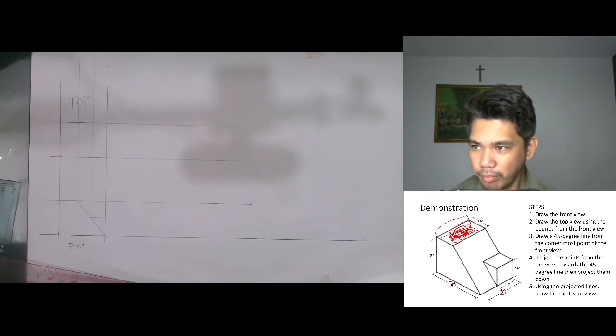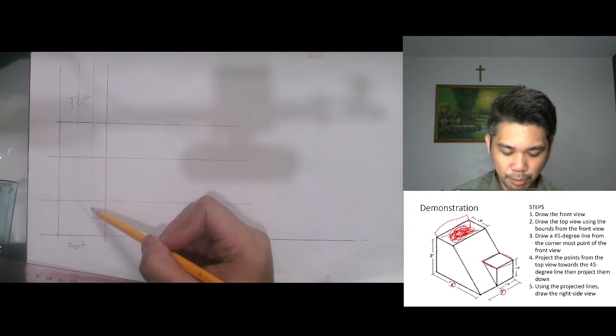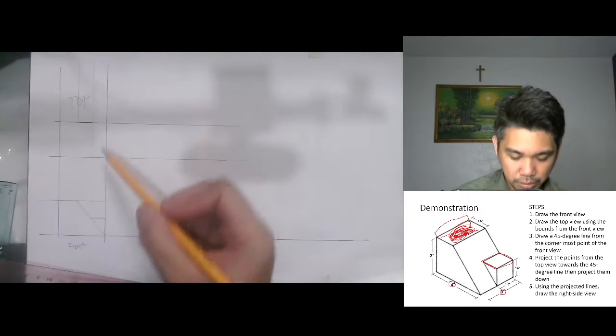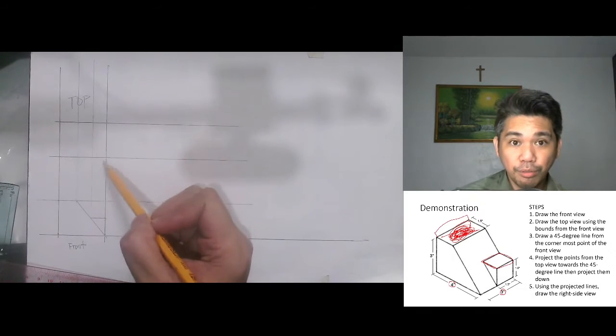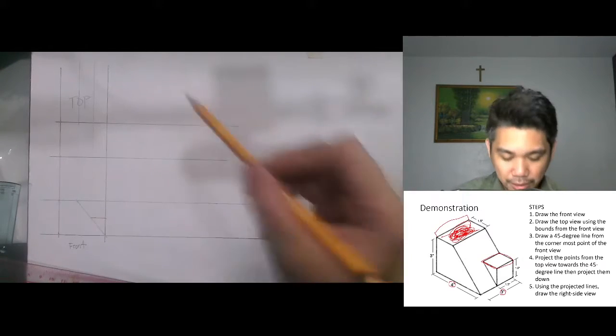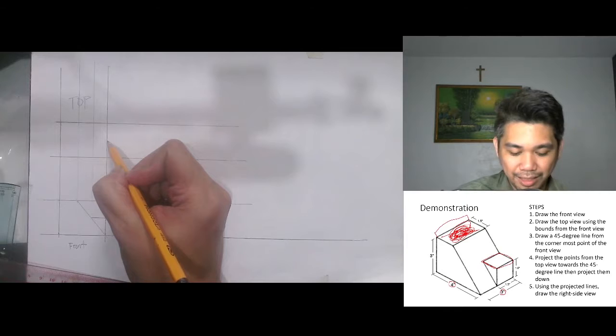Aside from this plane seen from the top view, we also have this small rectangle. The good thing about projecting lines from here is we already know the width of that small rectangle.